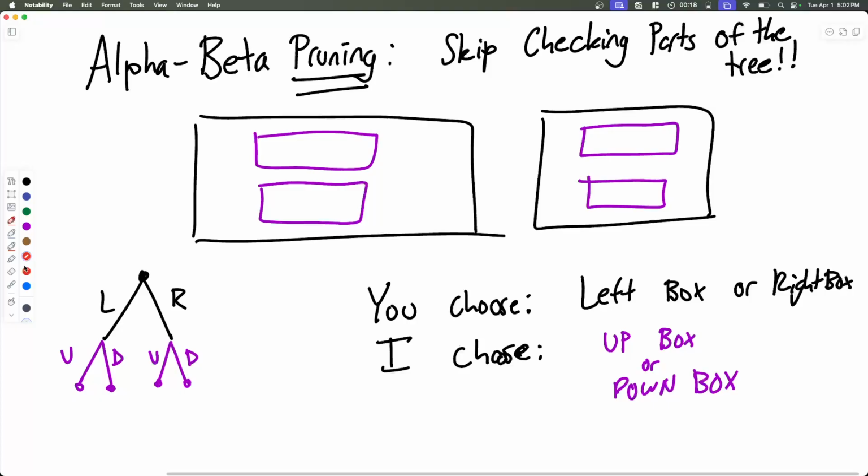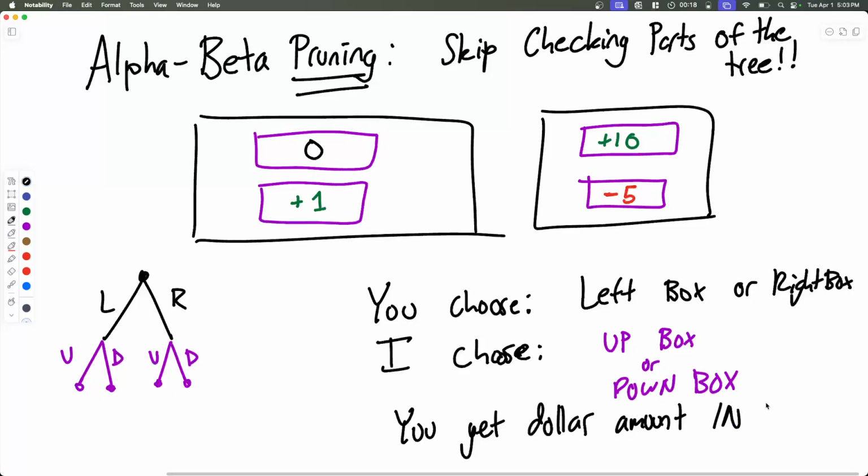Okay, so let's pretend this value is +1, this value is 0, this value is -5, and let's say this one is +10. Your job is to maximize: you get the dollar amount in the box. So you're trying to make the money as much as possible.